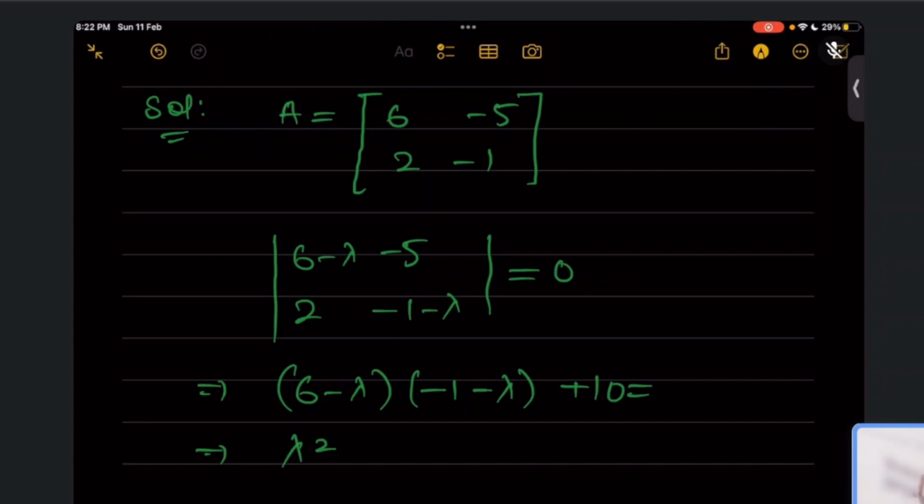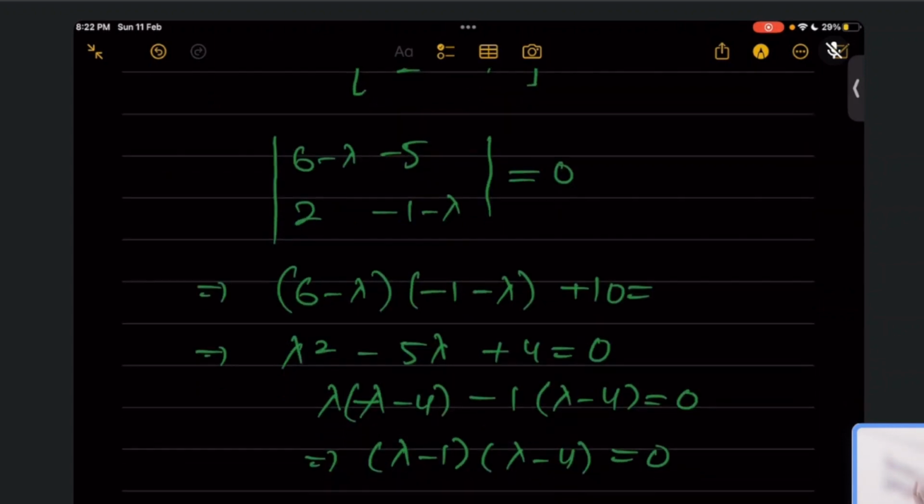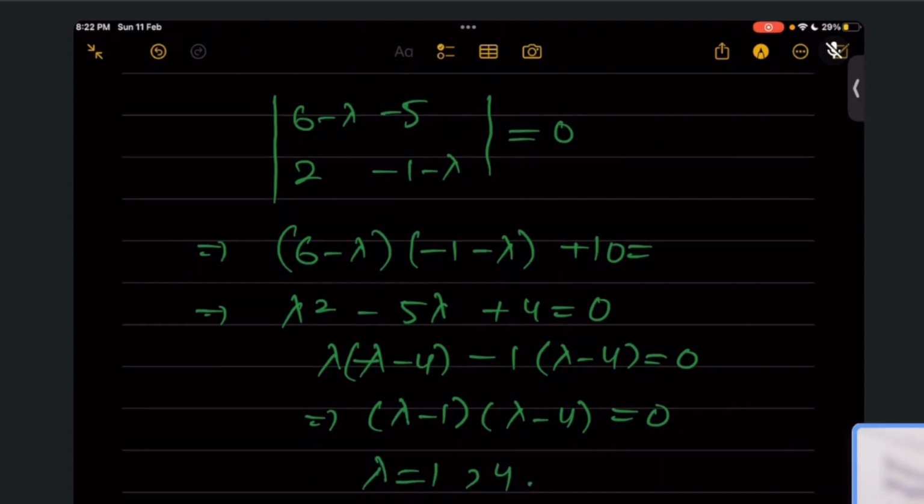Lambda square minus 5 lambda plus 4 equals 0. Write it as lambda into lambda minus 4 minus 1 into lambda minus 4 equal to 0. So lambda minus 1 into lambda minus 4 equals 0, and we get the values of lambda as 1 and 4. So these are the eigenvalues.